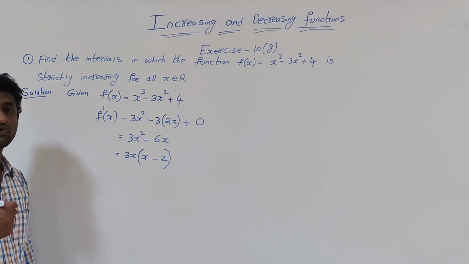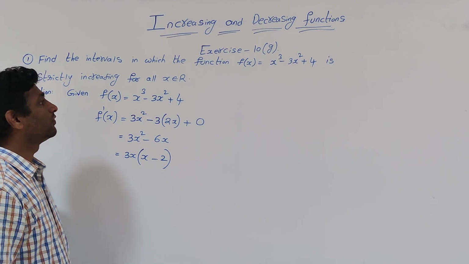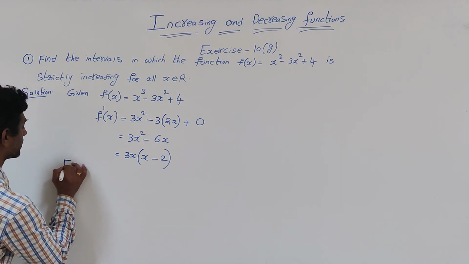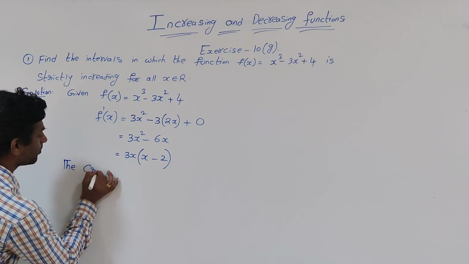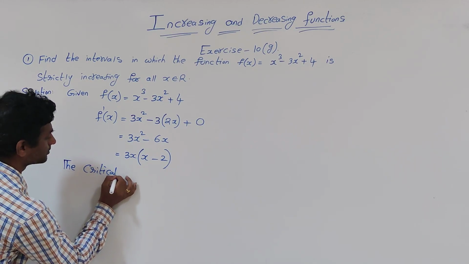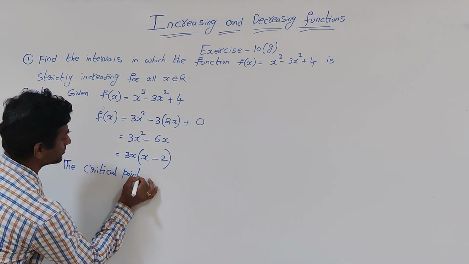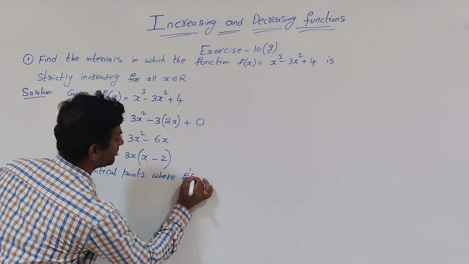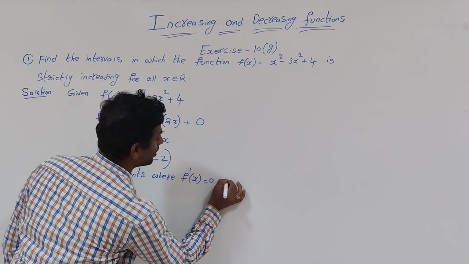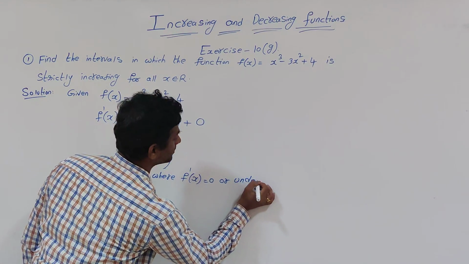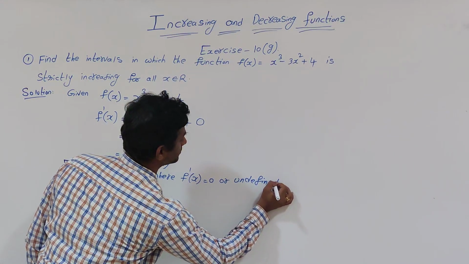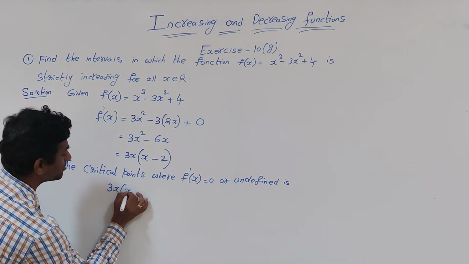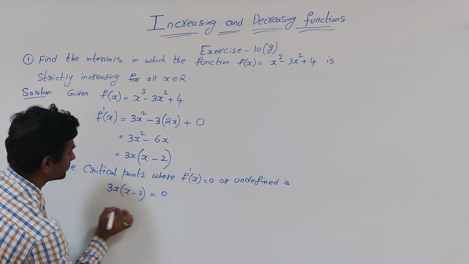So now we have to find out the critical points where the derivative becomes 0 or undefined. So the critical points, where f dash of x is 0 or undefined, is 3x times of x minus 2 is equal to 0.